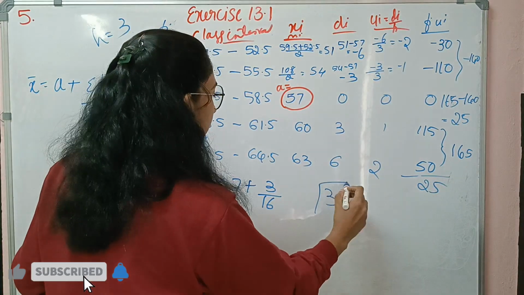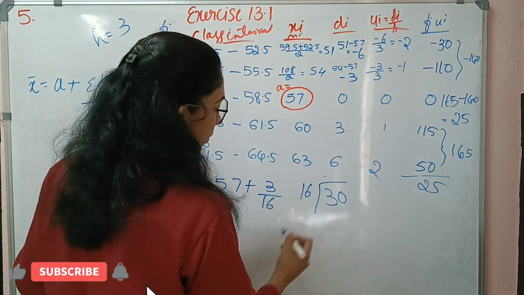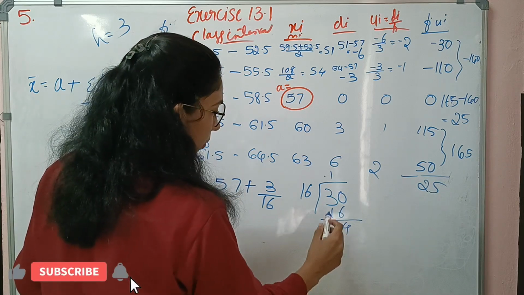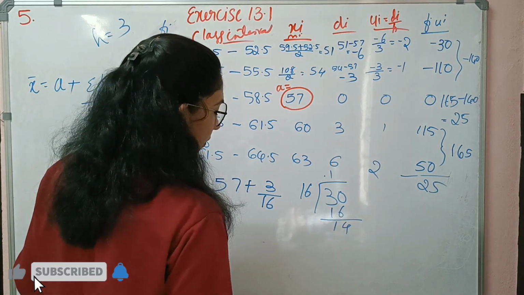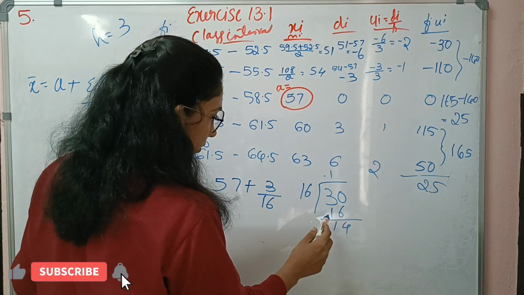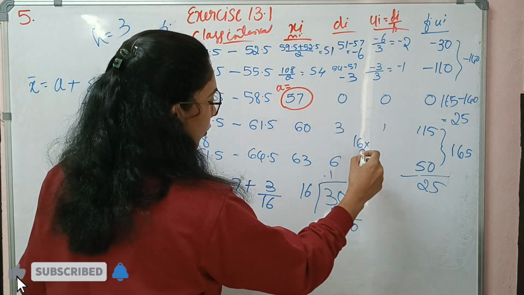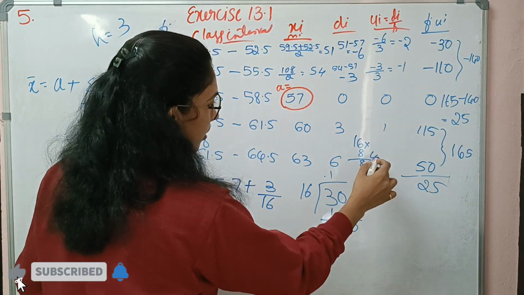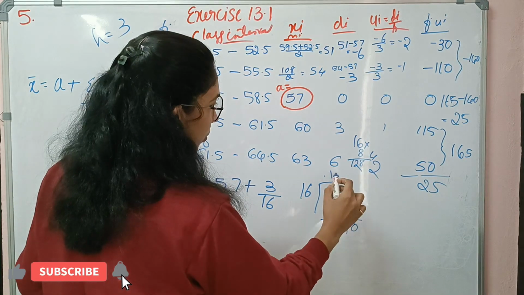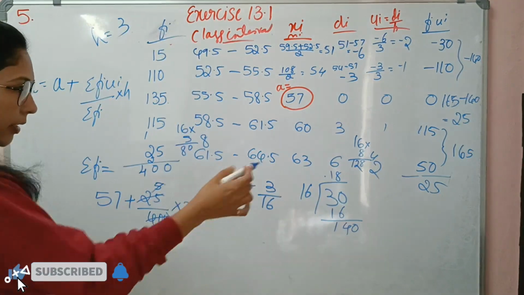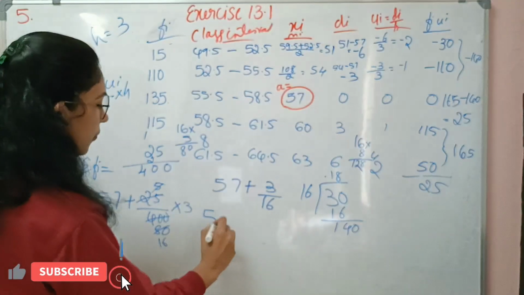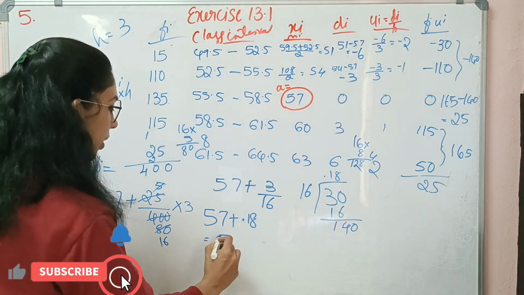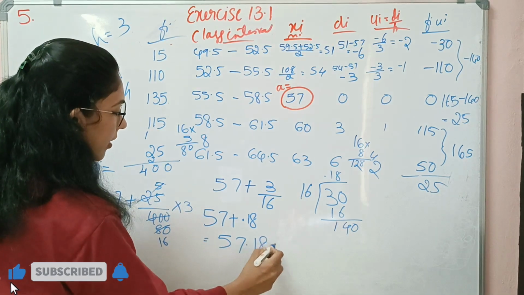So 3 upon 16, which is nearly 0.18. That means 57 plus 0.18, which is equal to 57.18.